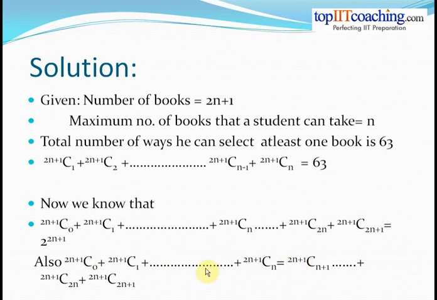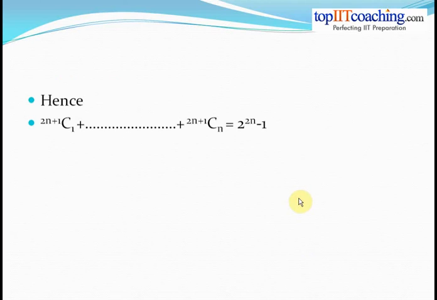Thus we can say that 2n plus 1 C1 up to 2n plus 1 Cn is equal to 2 to the power 2n minus 1. Why? Because we divide 2 to the power 2n plus 1 by 2 because both those terms were equal, and also 2n plus 1 C0 is equal to 1.